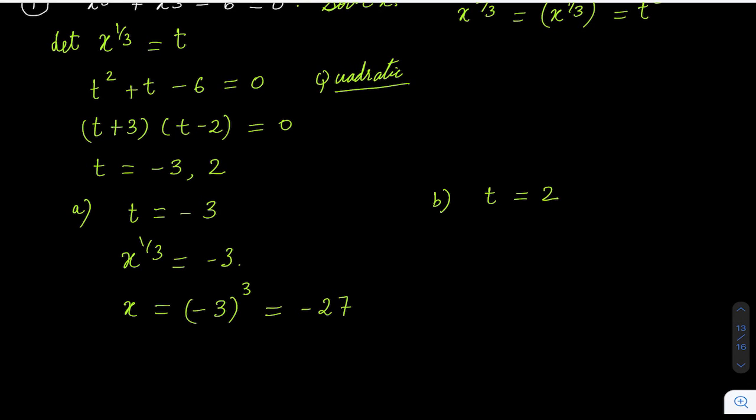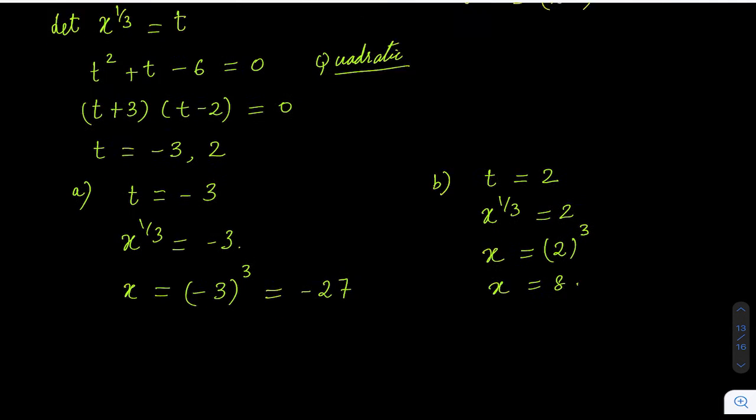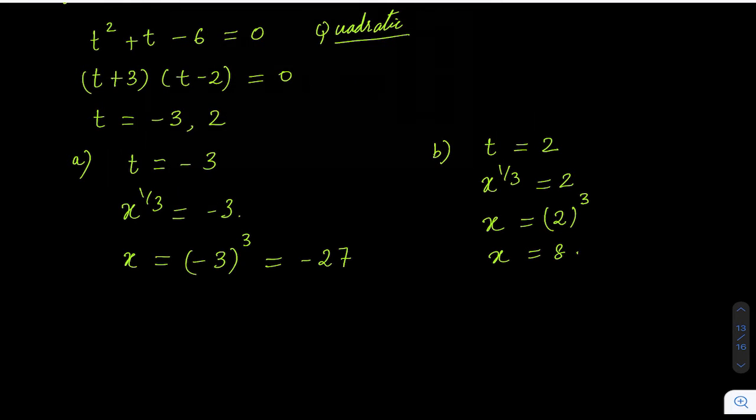If t is 2, it means x power 1 by 3 is 2. It means x is nothing but 2 cube. So basically we are cubing both sides, which is nothing but 8. So x is 8. So my final answers for this question are x can be 8 or minus 27.